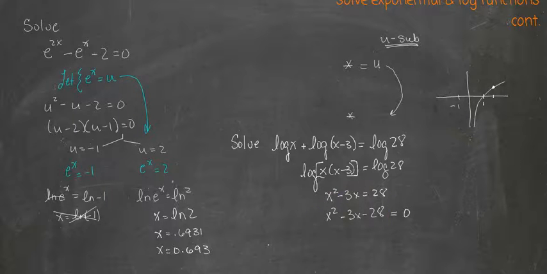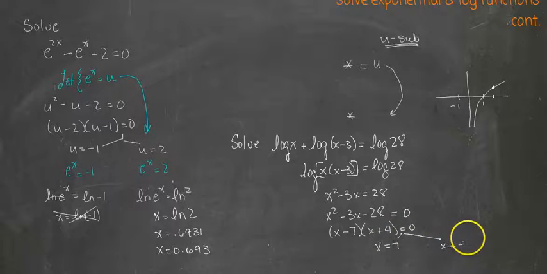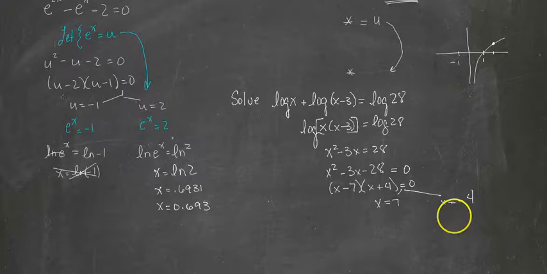And if I factor, I get 28 and 3, let's see, 14, 7 times 4. So (x minus 7)(x plus 4) equals 0, so my x values are x equals 7 and x equals negative 4. And now I want to look again for extraneous solutions.